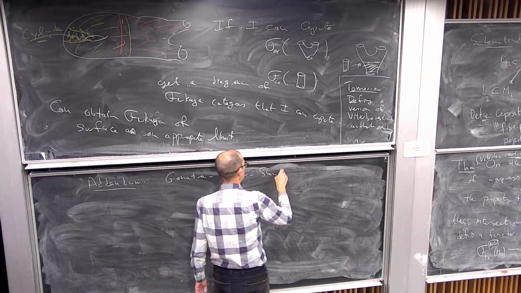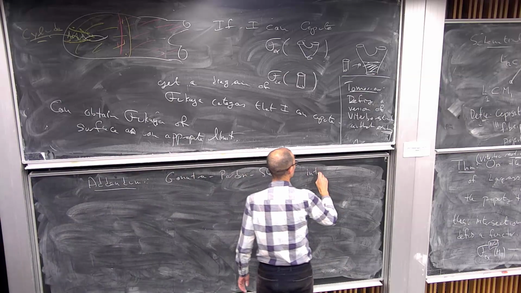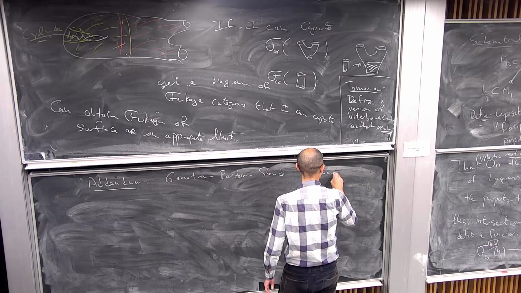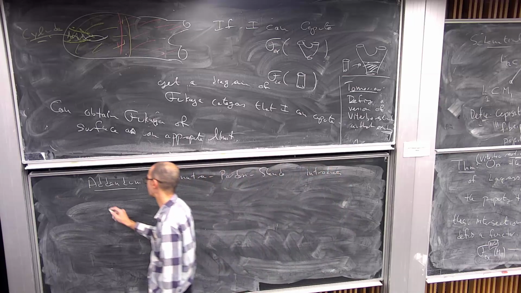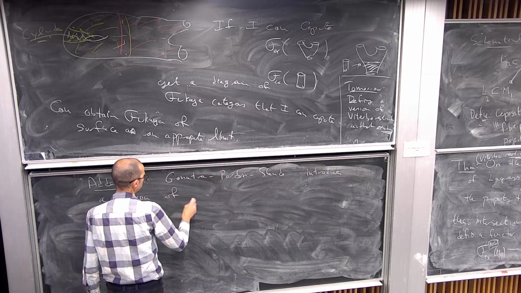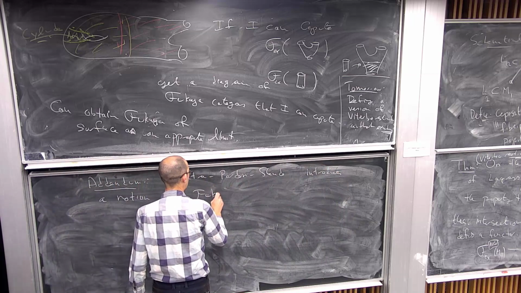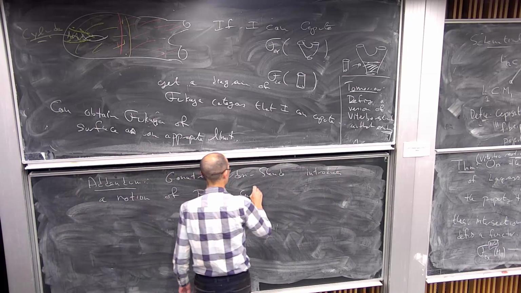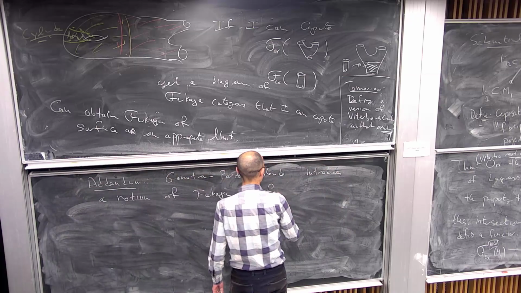Shende introduced a more general class, a notion of Fukaya categories for pairs.